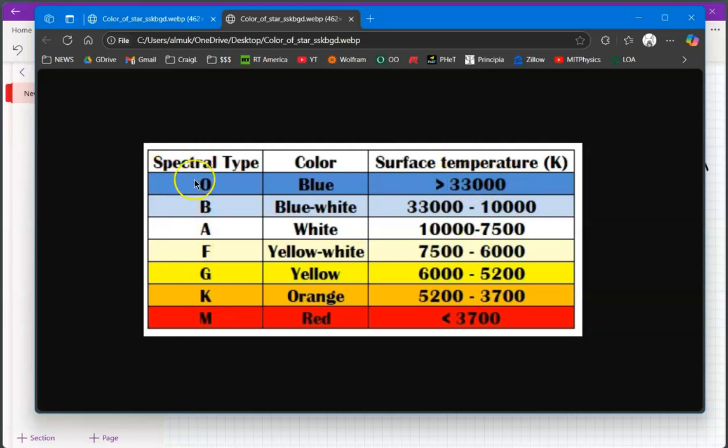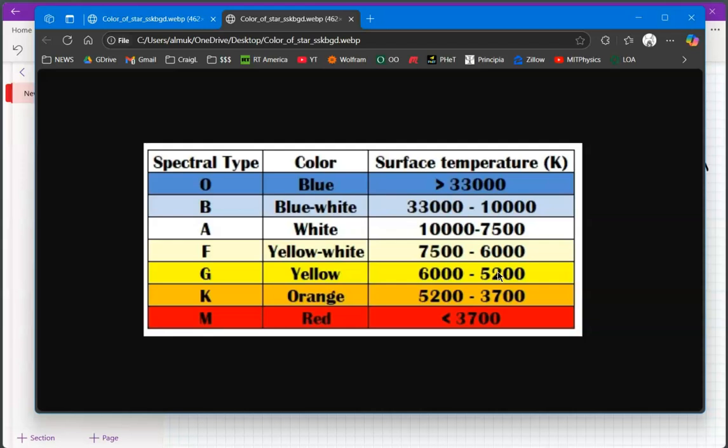These are basically star types. We have an O-type star, B, or our sun is a G-type star. So if you measure the surface temperature of our star, it falls within this region right here. Okay, so that's basically the temperature of the surface of a star. And how do we know that temperature? We didn't go there to put a thermometer and measure it.